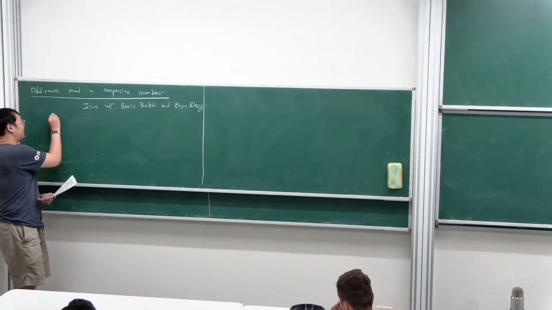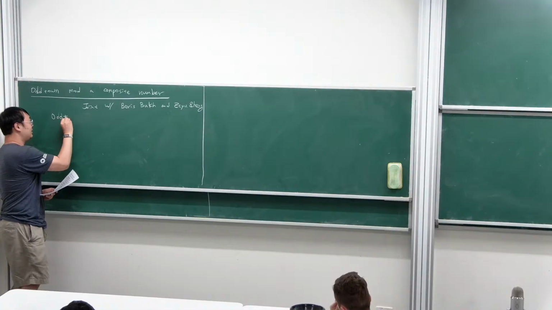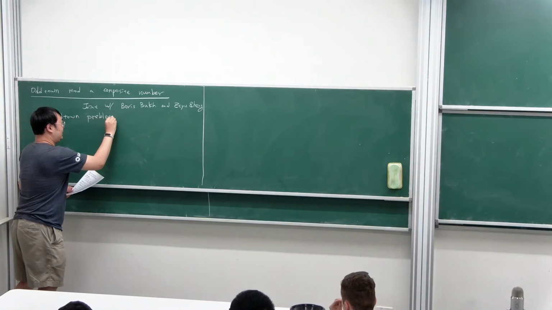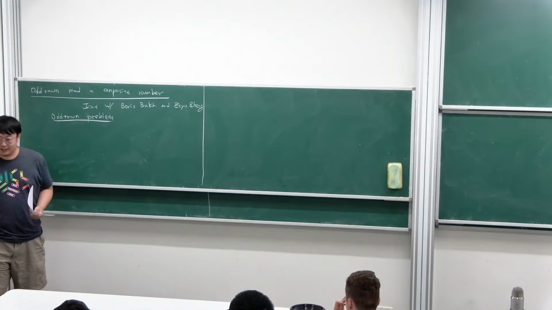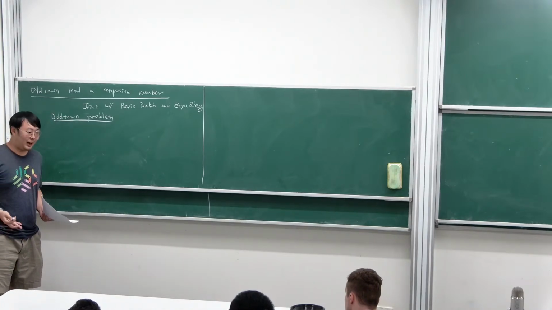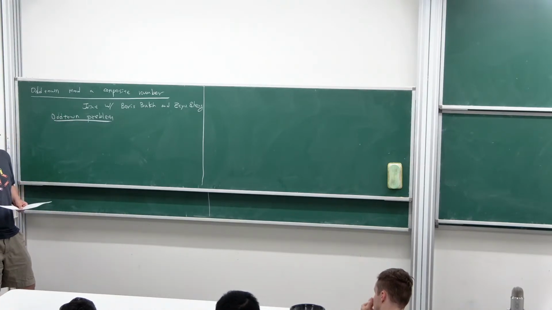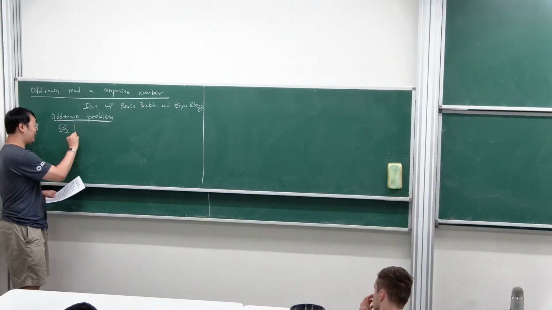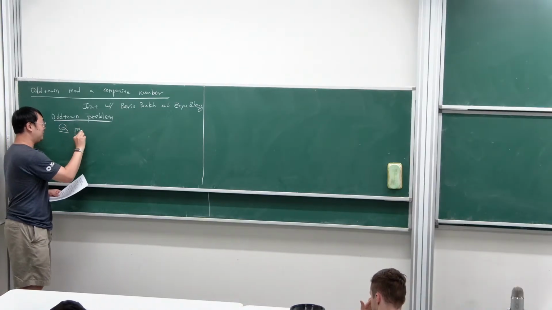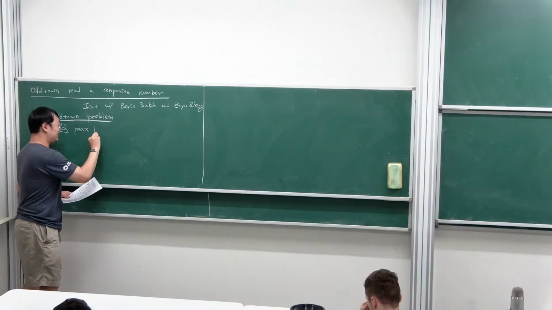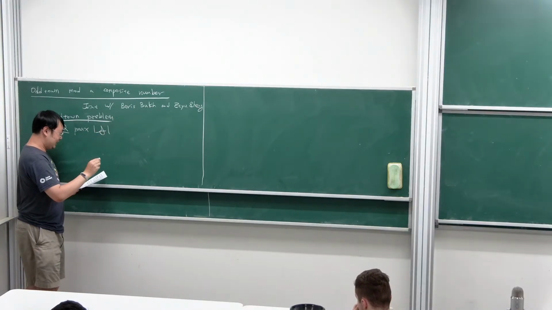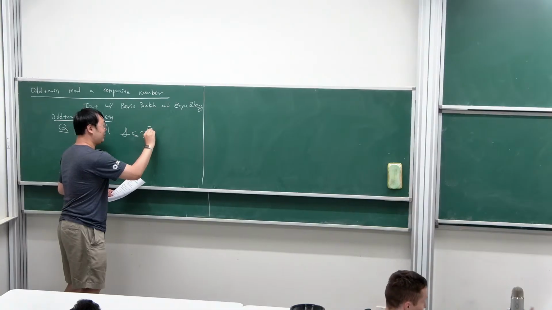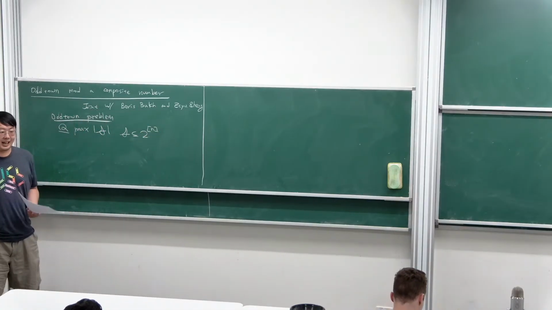What is the Oddtown problem? It's the most basic classical problem in the application of linear algebra in combinatorics. The question goes as follows. You want to ask for the maximum possible size of a set family A, so you should think of A as a collection of clubs in a town.